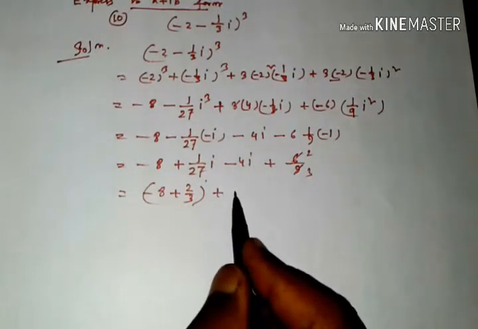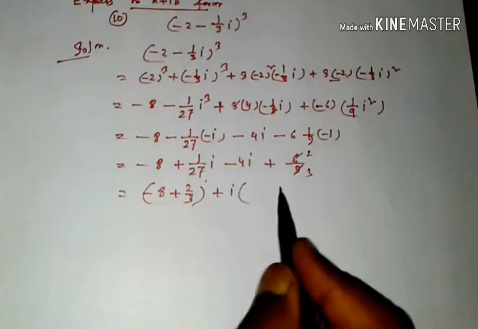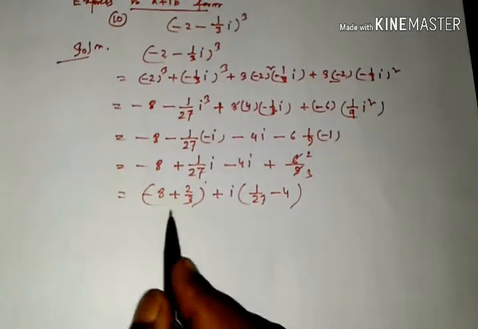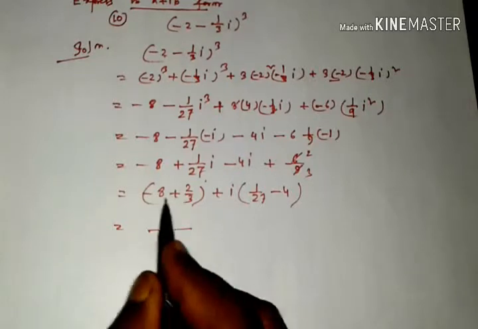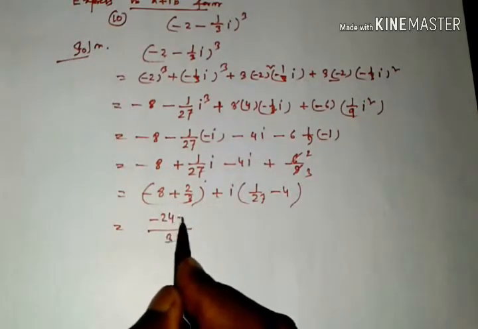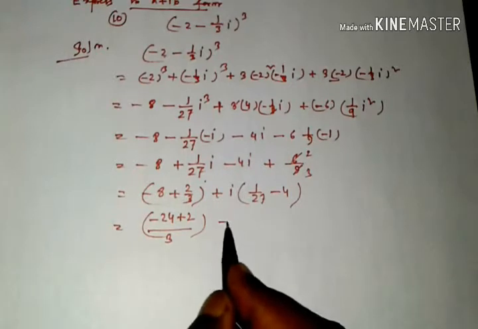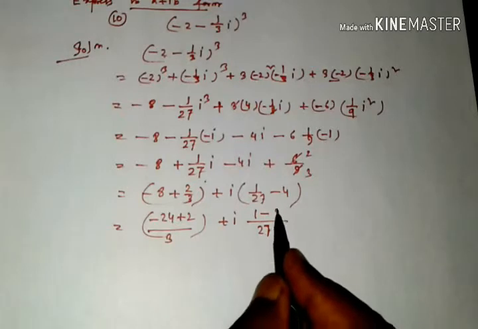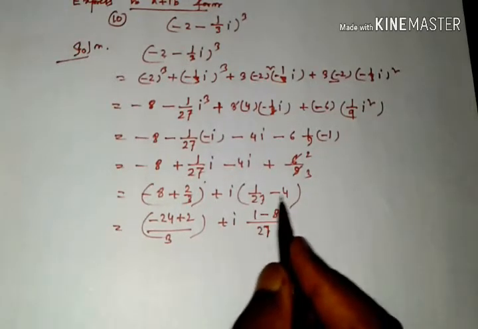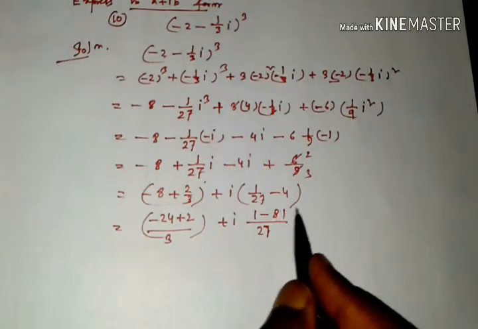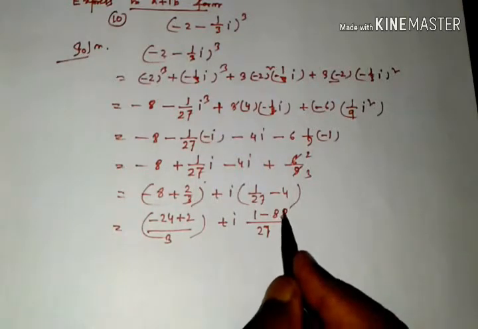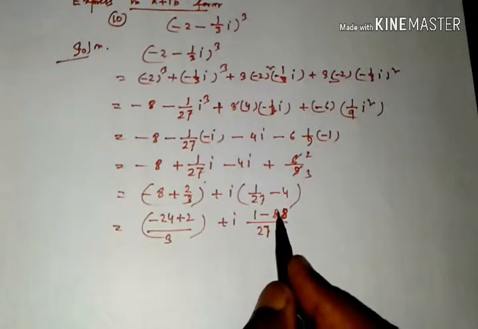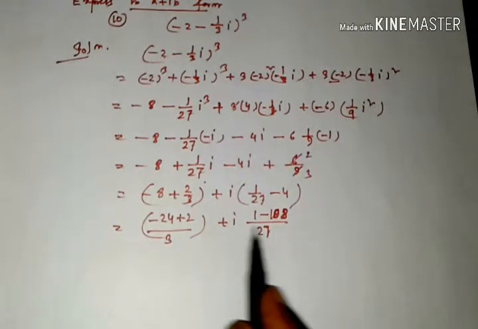Therefore, I take i as common. 1 by 27 minus 4. This is 1 minus 108 by 27, 27 into 4 is 108.